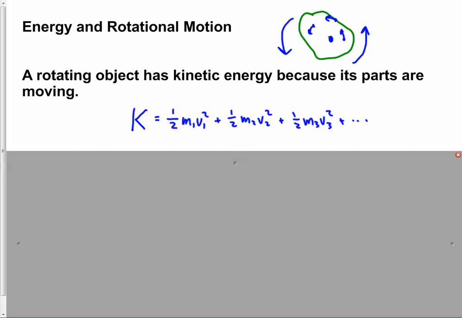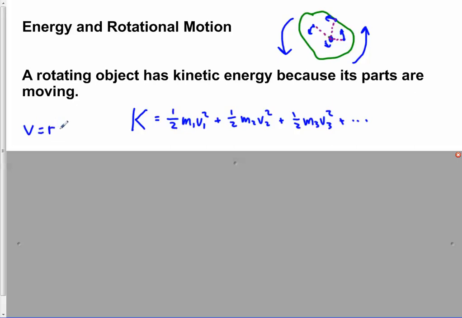It depends on how far away you are from the axis of rotation. The further away you are, the closer you are to the edge, the faster you'll be moving than points very close to the axis. They won't be going as fast because they don't have to go as far around in the same amount of time.